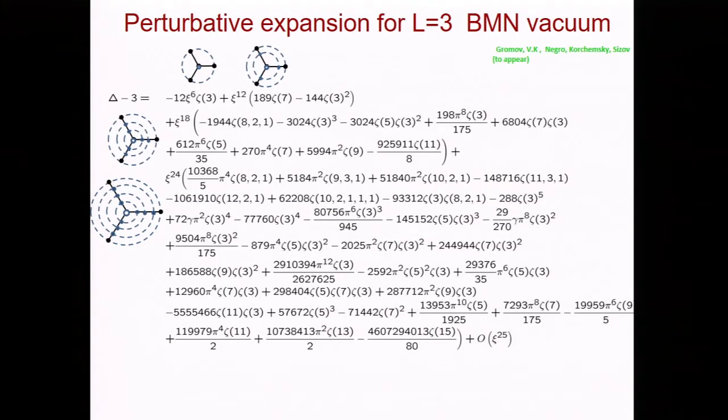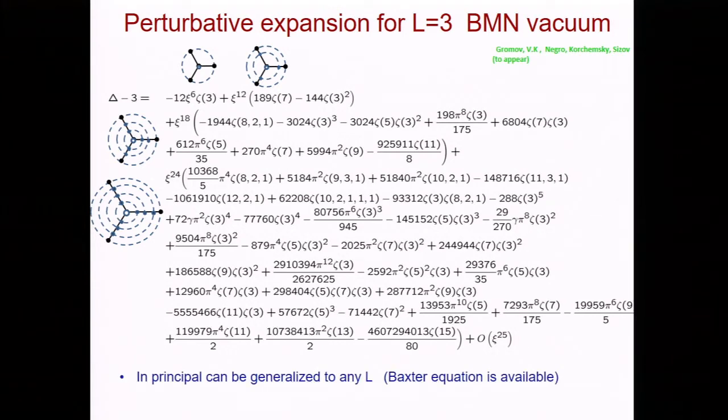And then you can generate many orders of perturbation theory exactly with all details. So these 2 were known from direct graph calculations. They are reproduced here, but then you can have 9 loops, then I think 12 loops, etc., everything in terms of zeta numbers, etc.